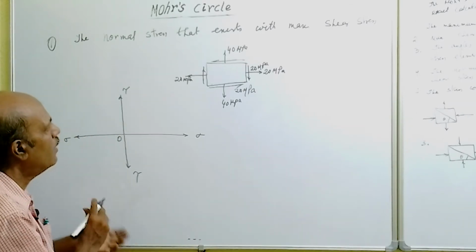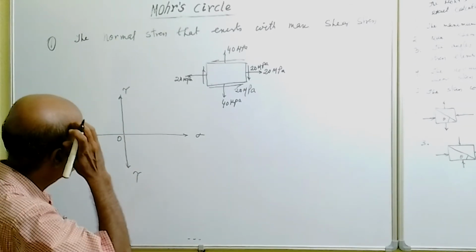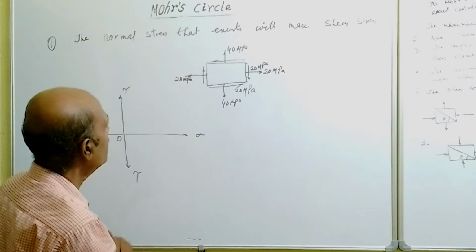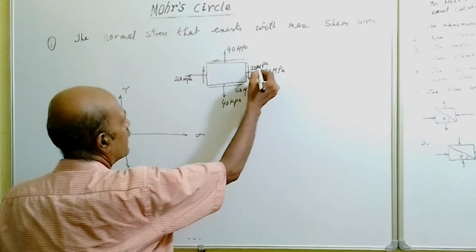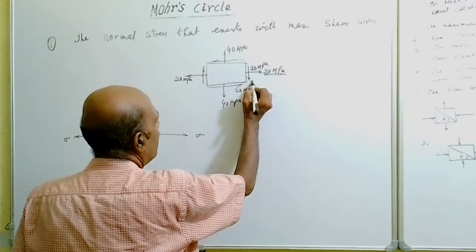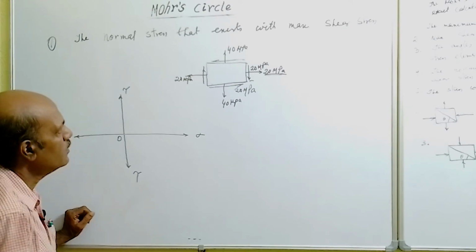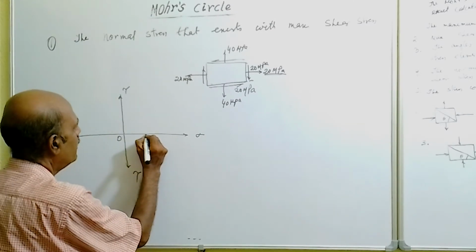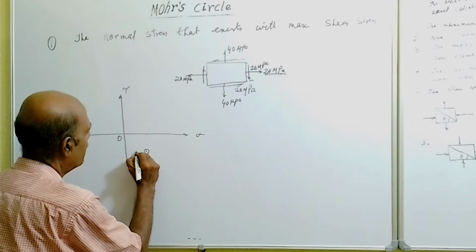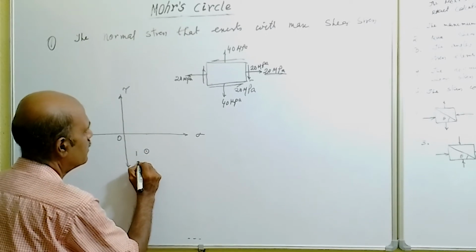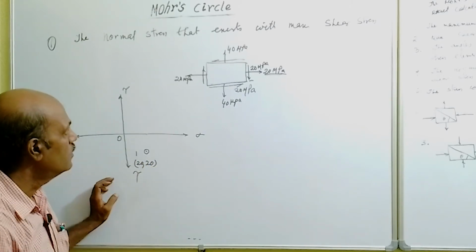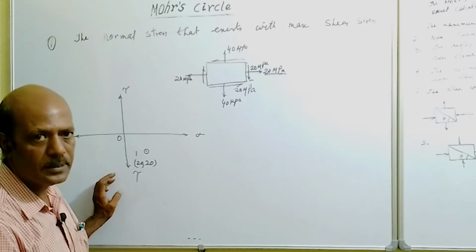Now for this, first you take the points: 20 is positive and this shear stress is negative. So 20, minus 20. So this is the point we will get. First point, that is 20 comma 20, where sigma x is positive and tau is negative.